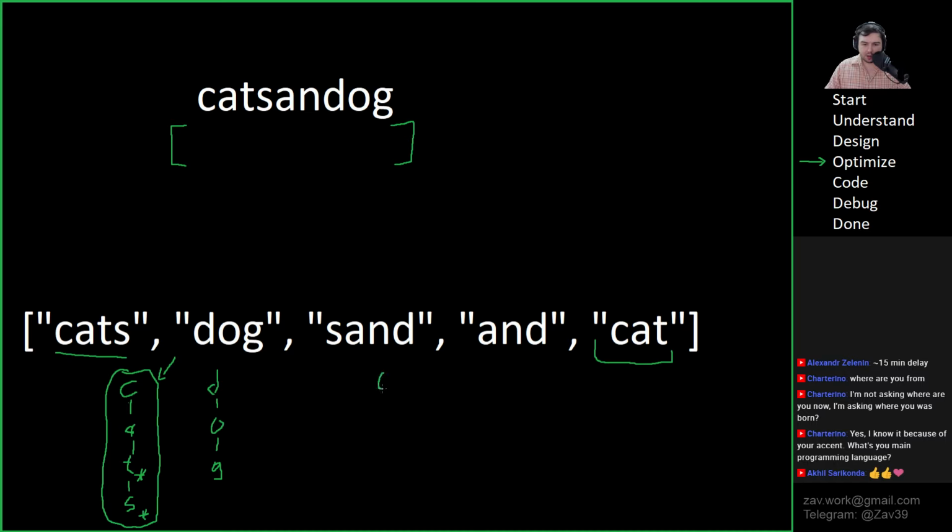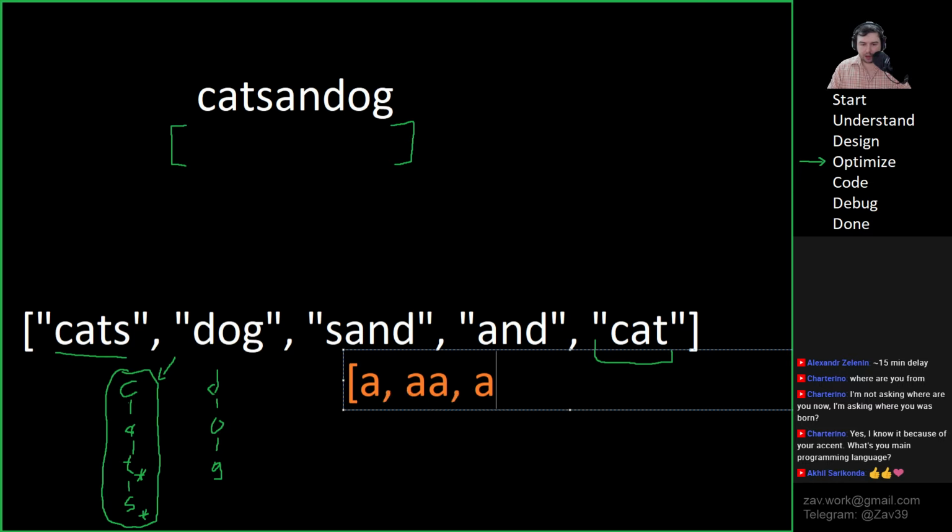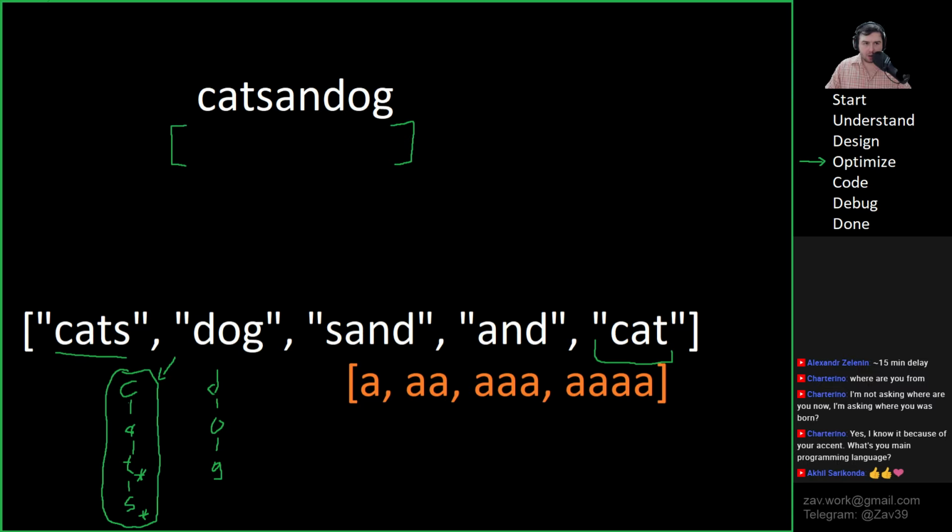So for example, if we have a string like this, we will end up with just one tree with 4 letters.